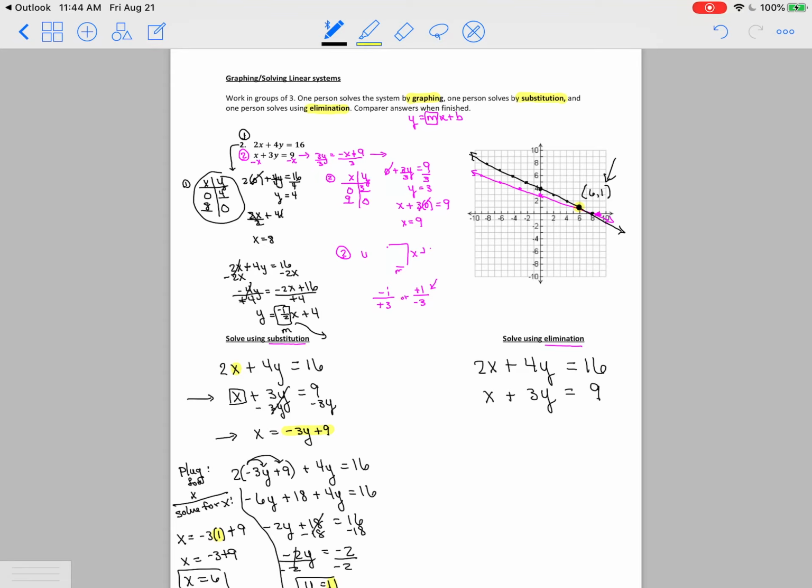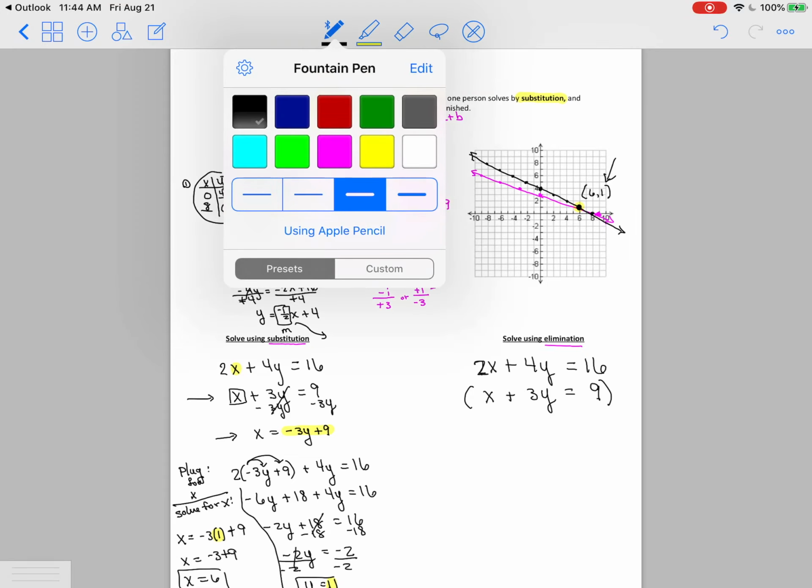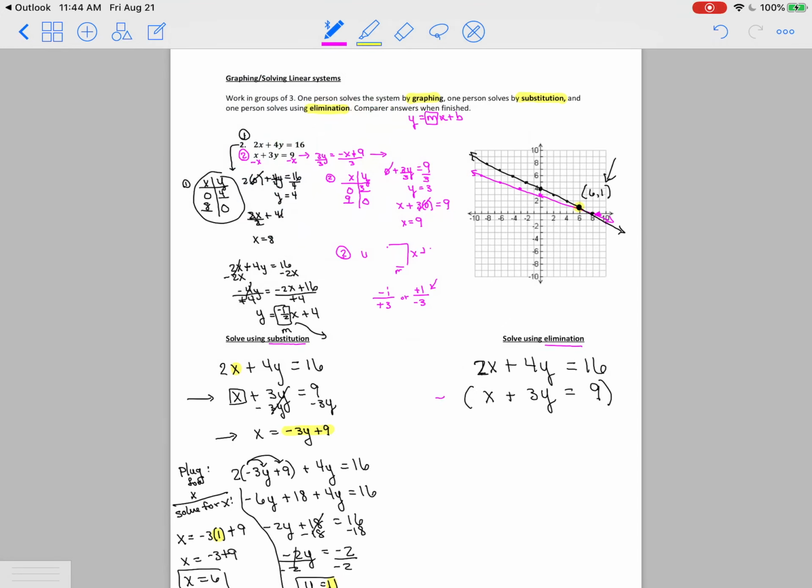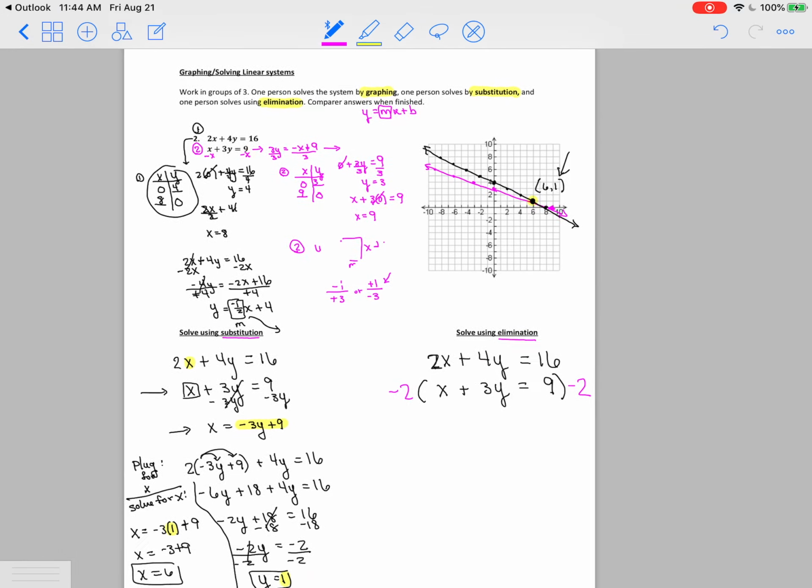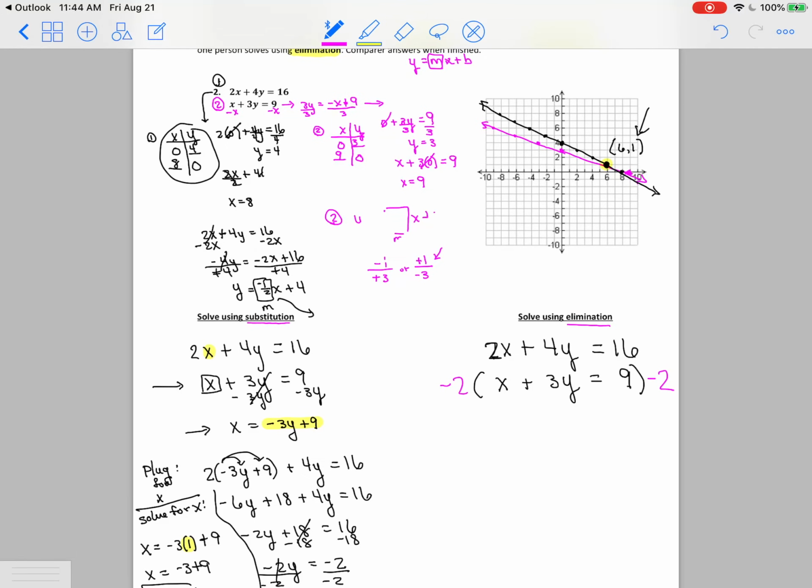I know that I have to look for something to modify one of these equations so that I can eliminate one of my variables. We can see that eliminating our x's is going to be a lot easier than eliminating our y's, because if we eliminated our y's, we'd have to multiply each equation by the opposite, 4 or 3, to get 12. But we can multiply both sides of equation number 2 by negative 2.